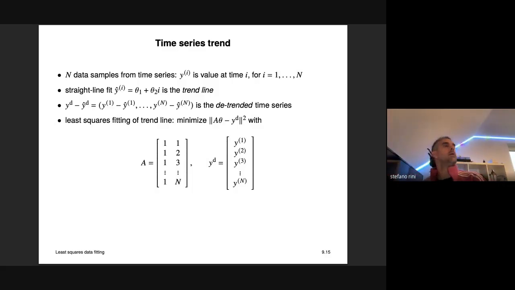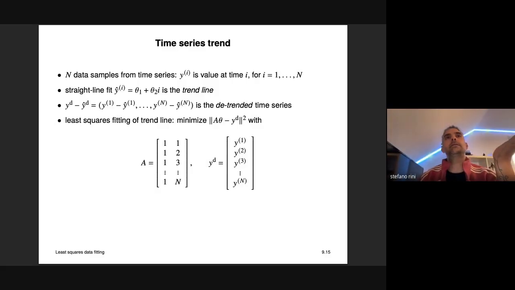So if there was a linear trend in the time series, you want to build another time series where you have removed the linear pattern in the data. This is very common, for example, with energy consumption. Say you have literally 10 years of energy consumption of a certain city. The energy consumption is always going up because people steadily, constantly add more electrical appliances to their house, so there is often a very clear linear increase.